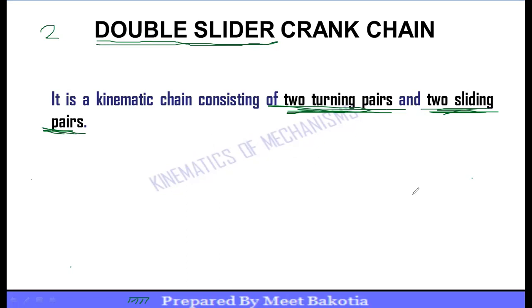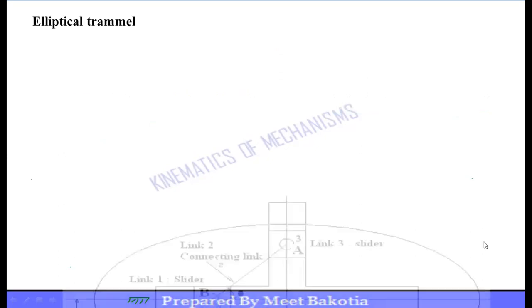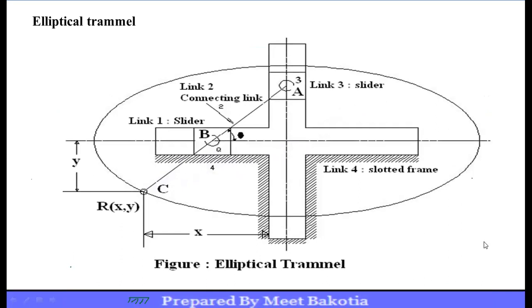Let us move to the inversions of the double slider crank chain mechanism. The first one is the elliptical trammel. Why do we call it the elliptical trammel?